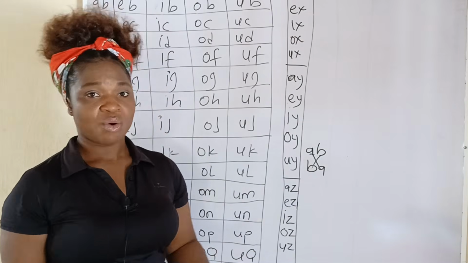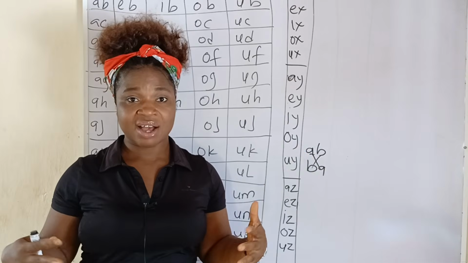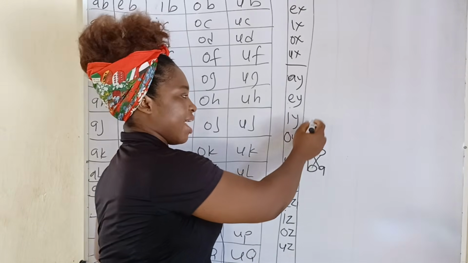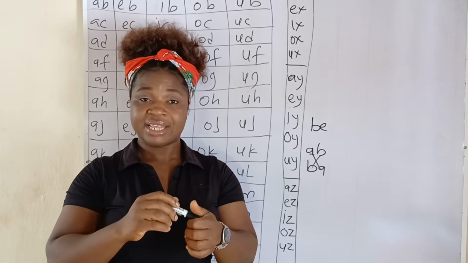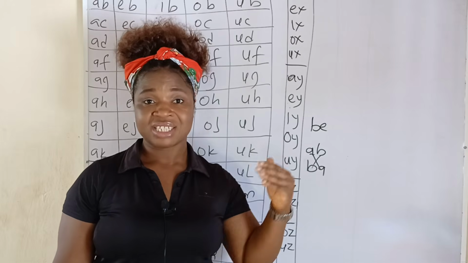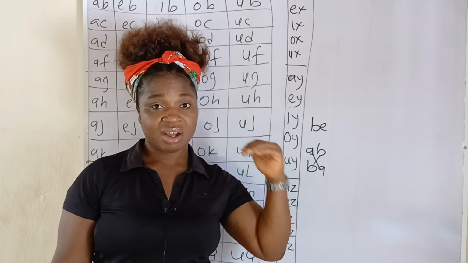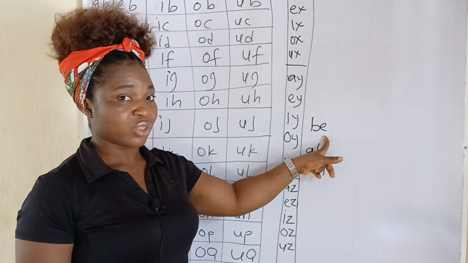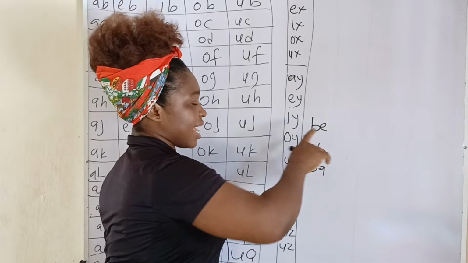Now, two-letter words with open syllables always have the long sound of the alphabet. That is, when I have B-E like this, it is pronounced as B. The word B sounds B, E is not sounding like A. That is the long vowel sound. Remember, the vowel is the focus when it comes to syllables.